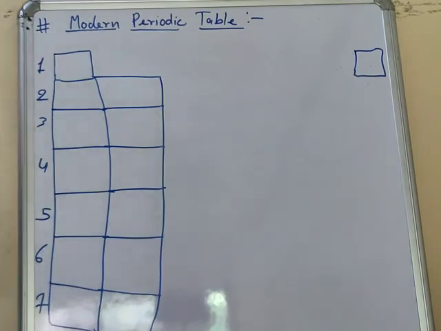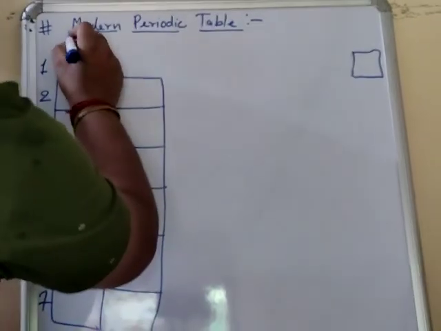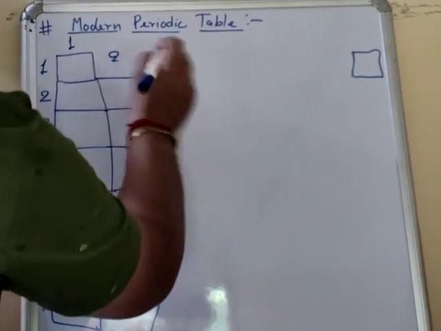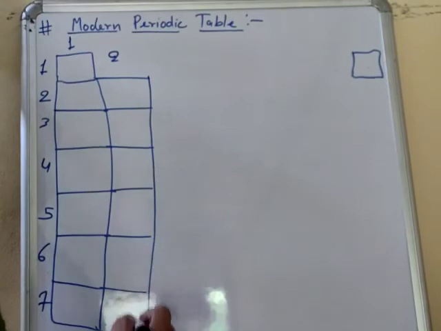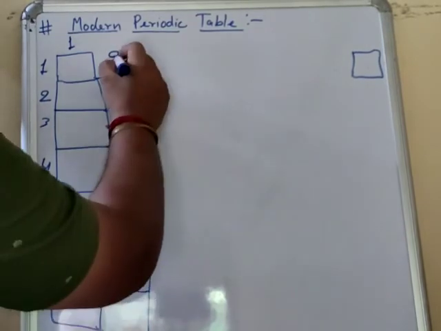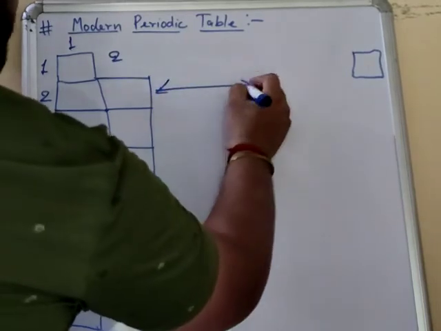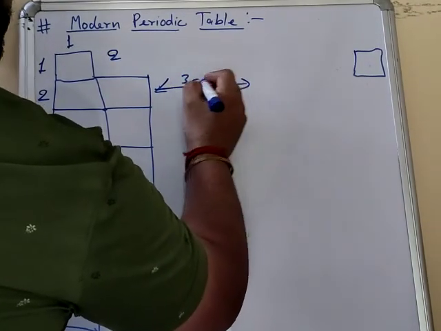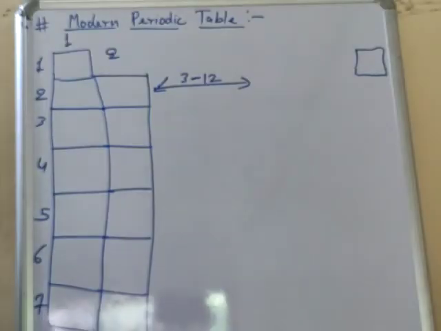After that, the group numbers: group number 1 and group number 2. Okay, after that group numbers 3 to 12, we will study in higher classes.